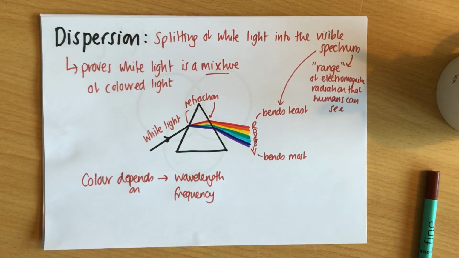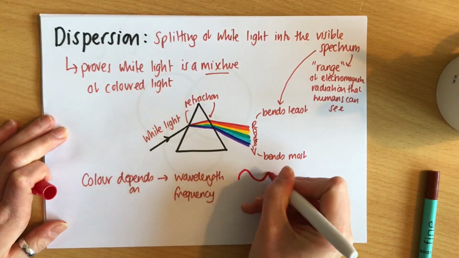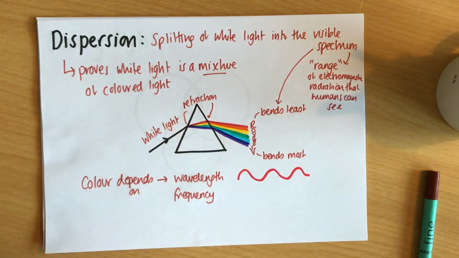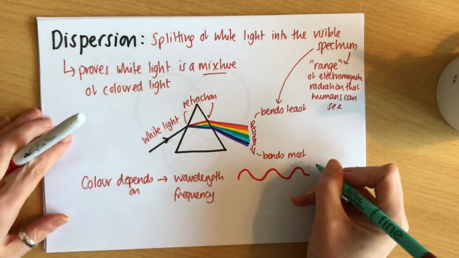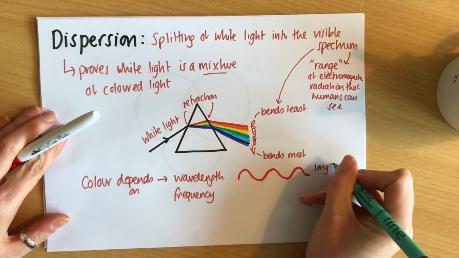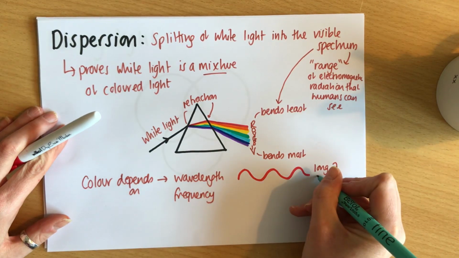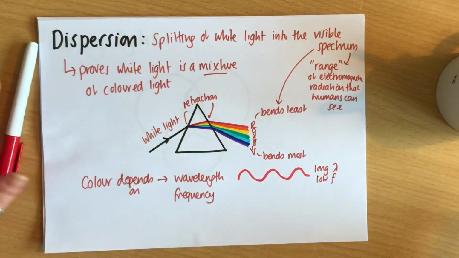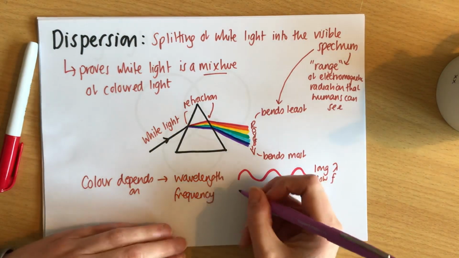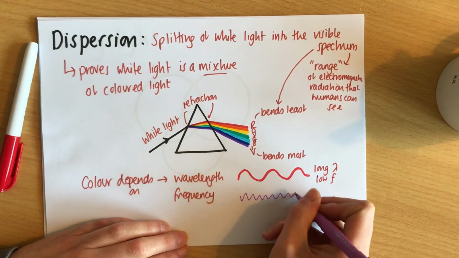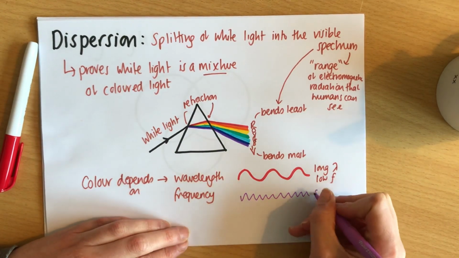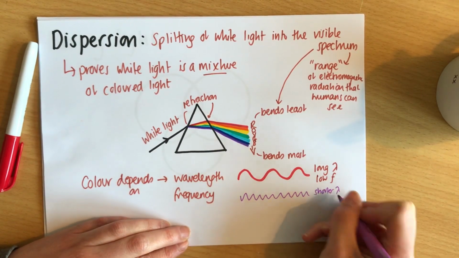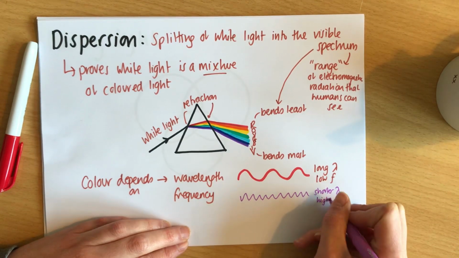Now, red light has got a long wavelength and a low frequency. So red is long wavelength and it has the symbol lambda, and it's got a low frequency. Whereas purple light or indigo light, or even violet I should say, has got a much shorter wavelength and a higher frequency.